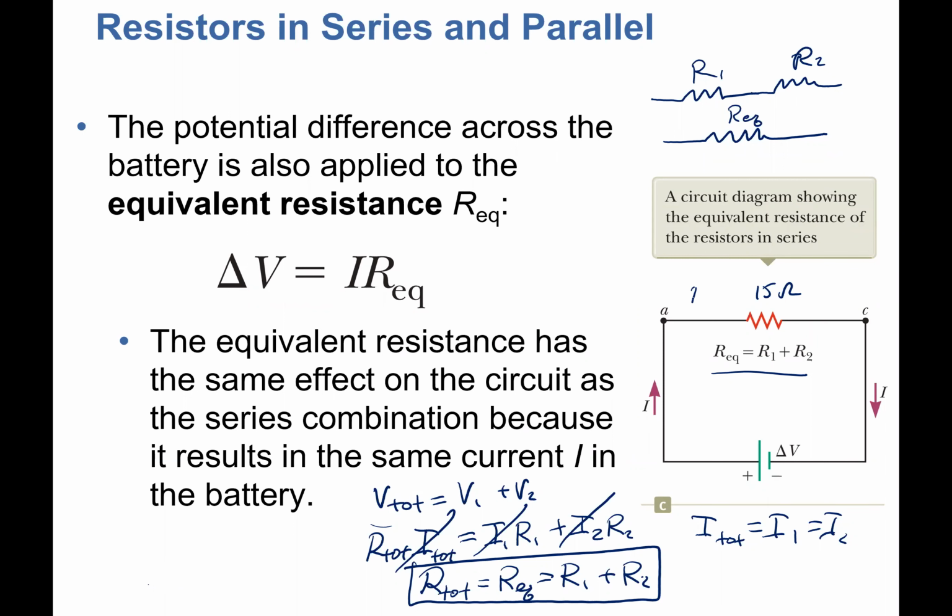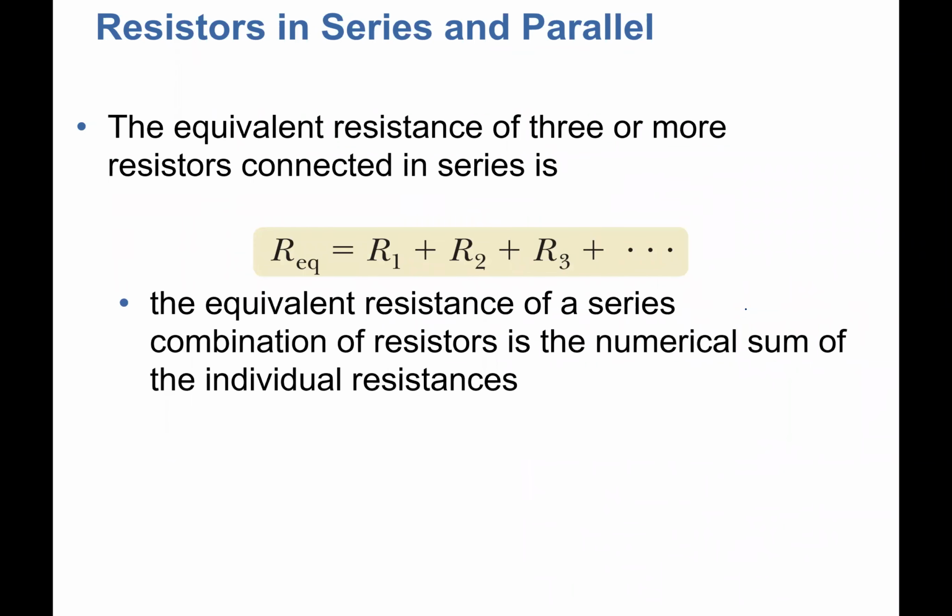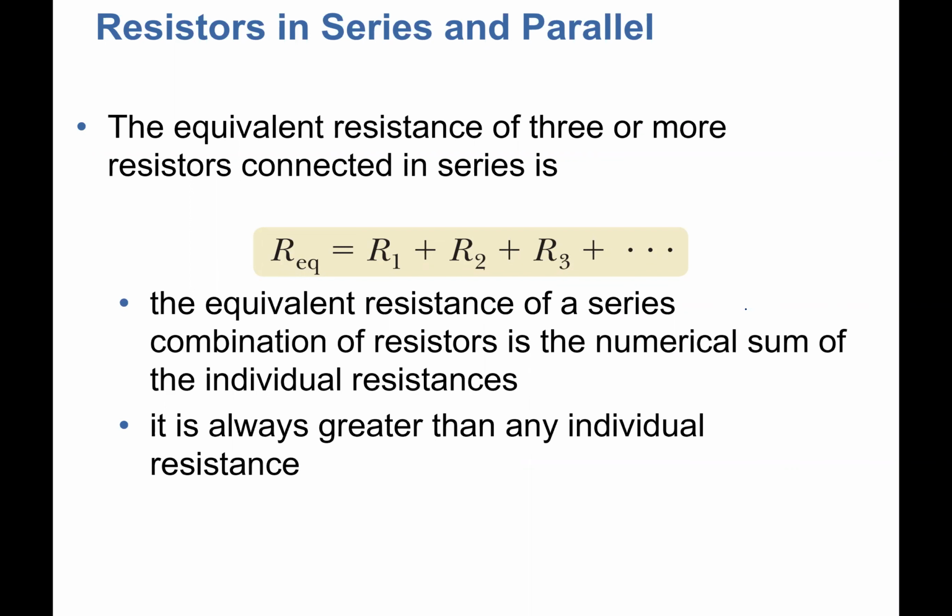That is my R equivalent, the sum of R1 and R2. So the equivalent resistance of a series combination is the numerical sum of the individual resistors, and it is always greater than any individual resistor.